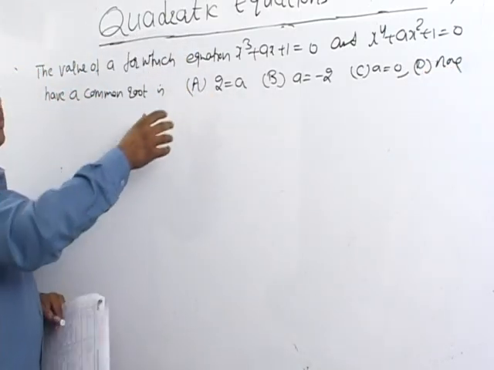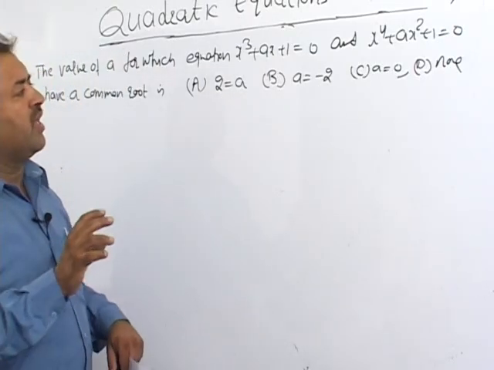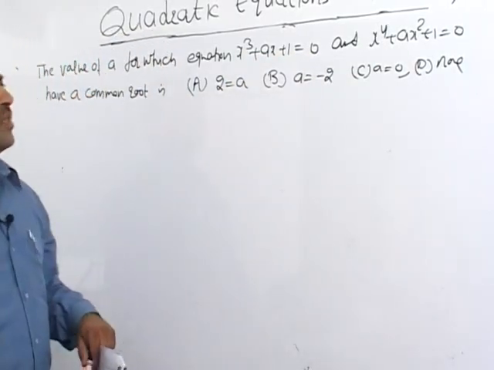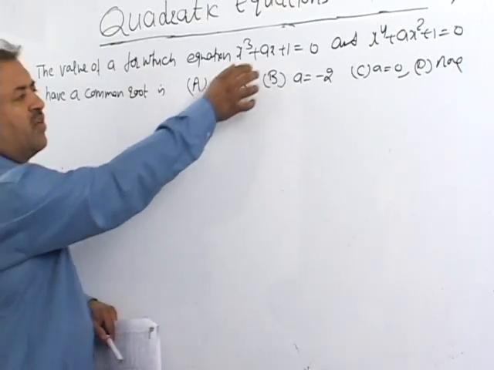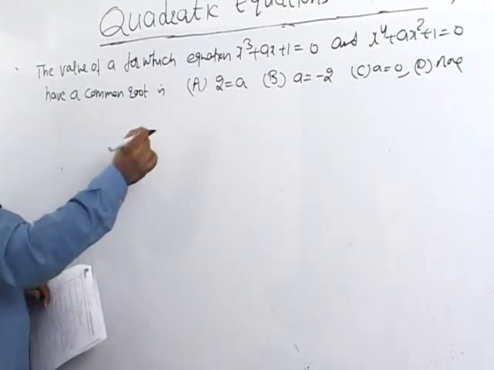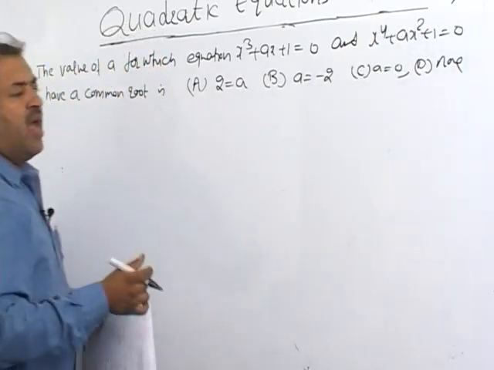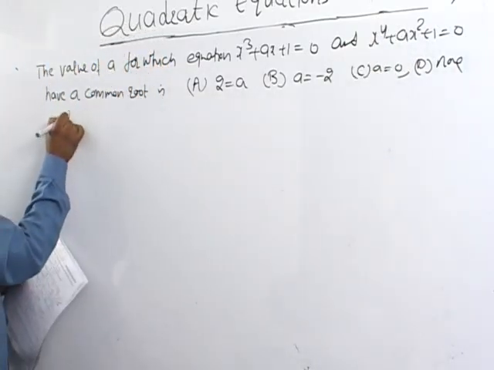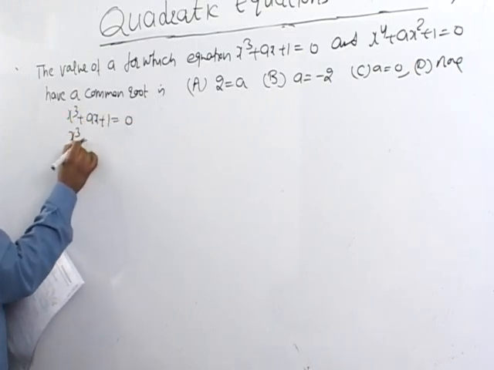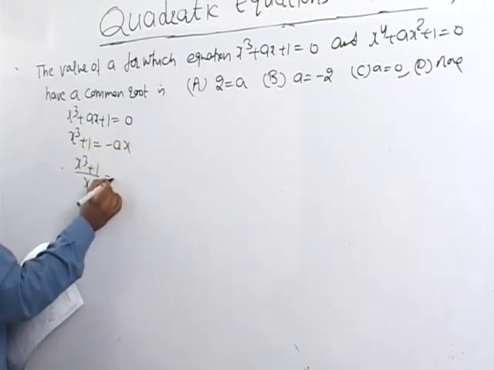See, we are not always going to get a quadratic equation here. So don't be confused or think about how to proceed with these cubic and biquadratic equations. The simple method is, if we have been given equations that have a common root, we will proceed as such. I'll get the value of a from here and I'll get the value of a from there and equate them. Taking the first equation, x cube plus ax plus 1 is equal to 0, x cube plus 1 is equal to minus ax, so x cube plus 1 upon x is equal to minus a.